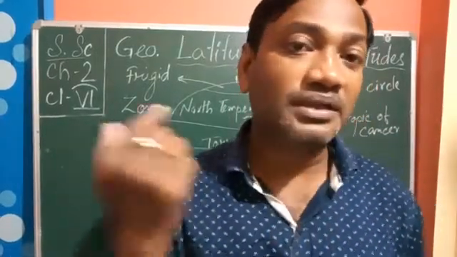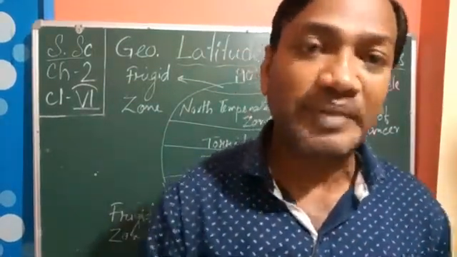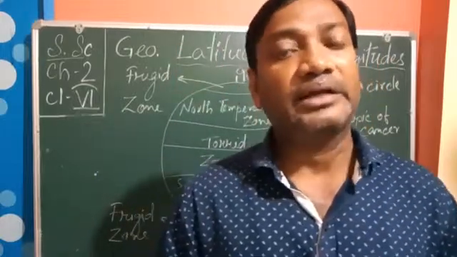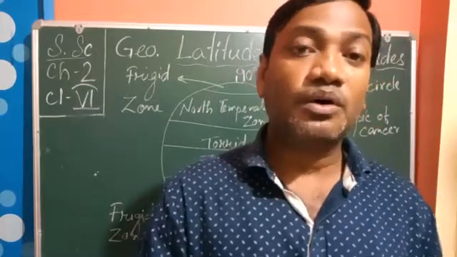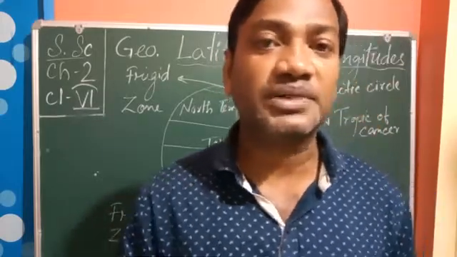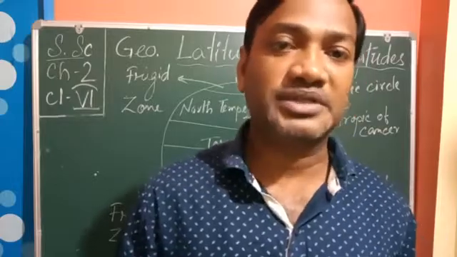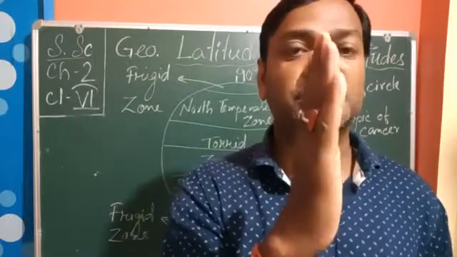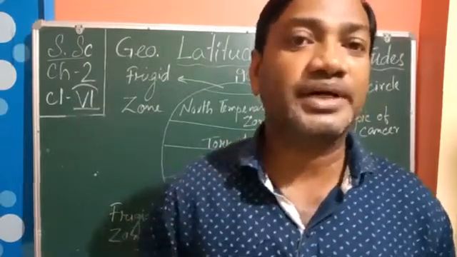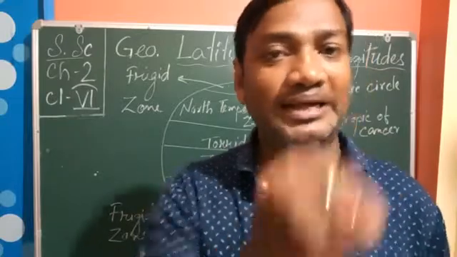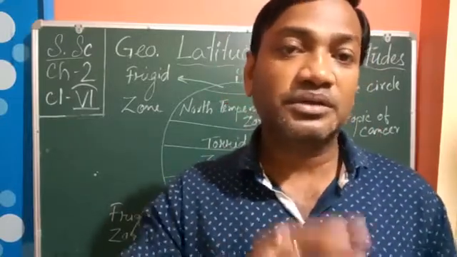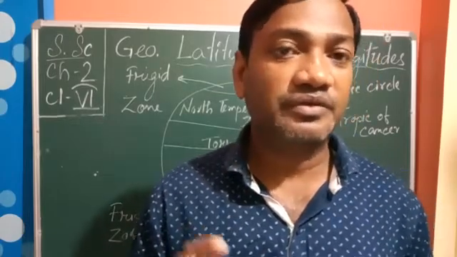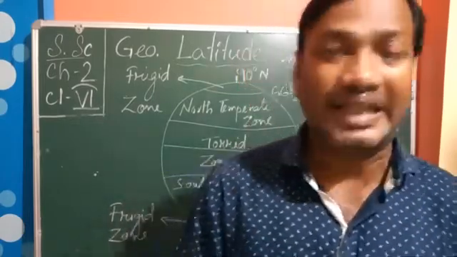So while revolving around the sun, we have the seasons, and at the same time all places do not receive the same amount of heat from the sun, because the earth is tilted. It is not straight, it is tilted. That is why the northern hemisphere and the southern hemisphere get different amounts of the sun's heat at various times. So let us discuss this.